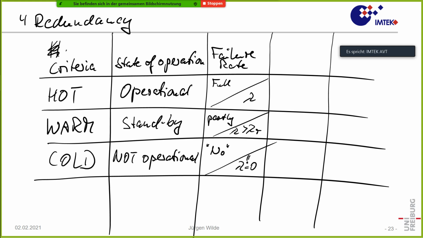What about the time behavior? So we could say delta t is 0.